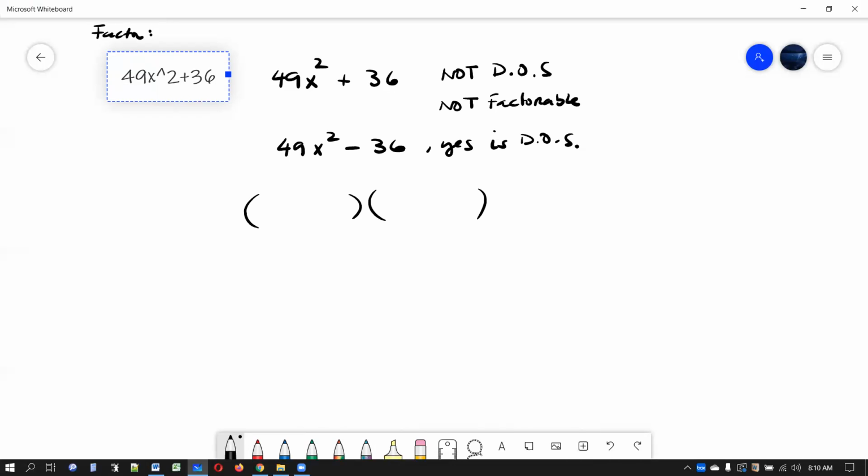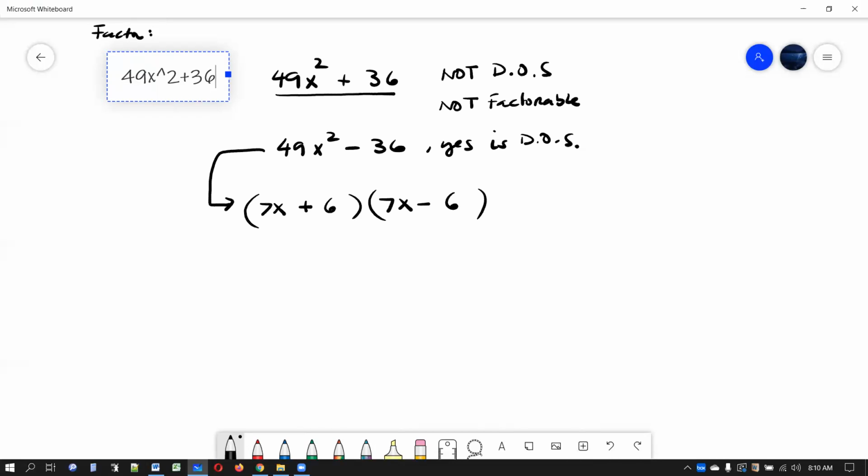Again, we're going to split 49x squared into 7x, right? Because 7x times 7x is 49x squared. One is a plus, the other is a minus. And 2 numbers whose product is 36, but they have to be identical. So positive and negative. Okay, so notice this is factorable.